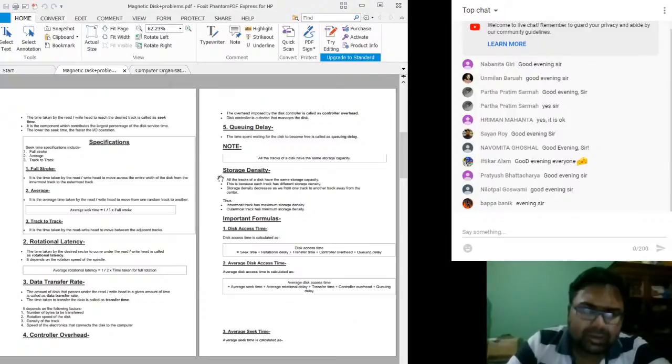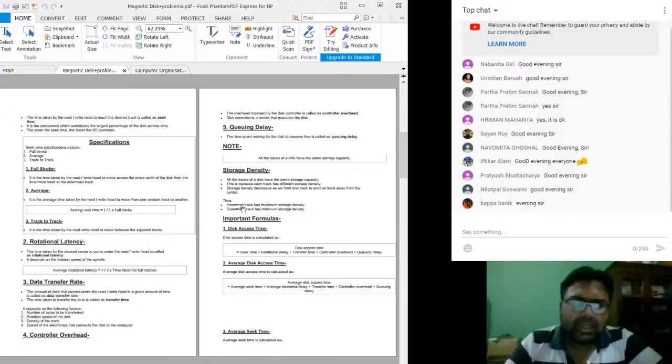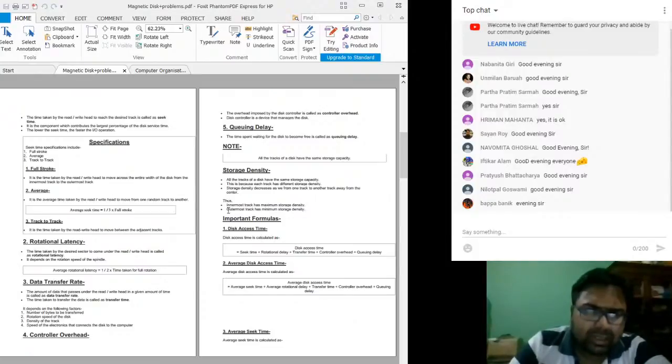Next comes something known as storage density. I hope this term is self-explanatory, meaning how much storage can be provided in the tracks. Here it is given that the innermost track has the maximum storage density and the outermost has the minimum storage density.